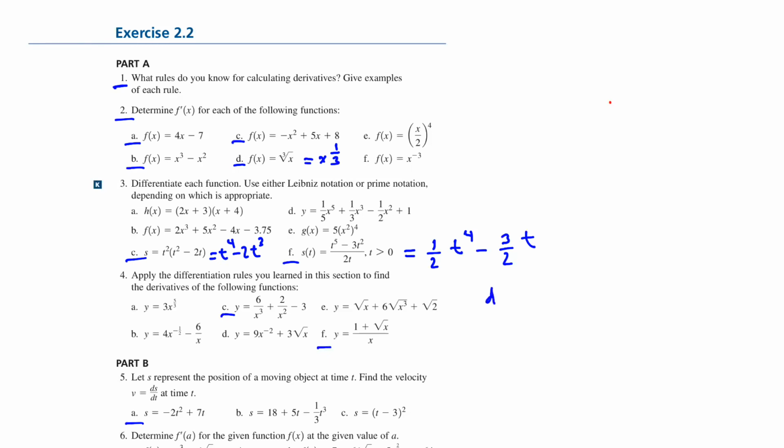The derivative of this function is going to be the difference between the derivative of the first term, 4 times 1 over 2 is 2, t to the power of 3, and the derivative of the second term, 3 over 2.